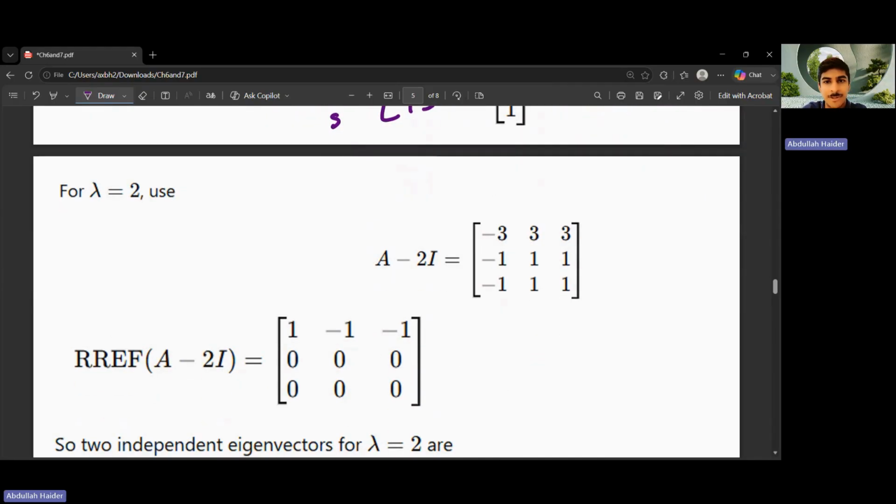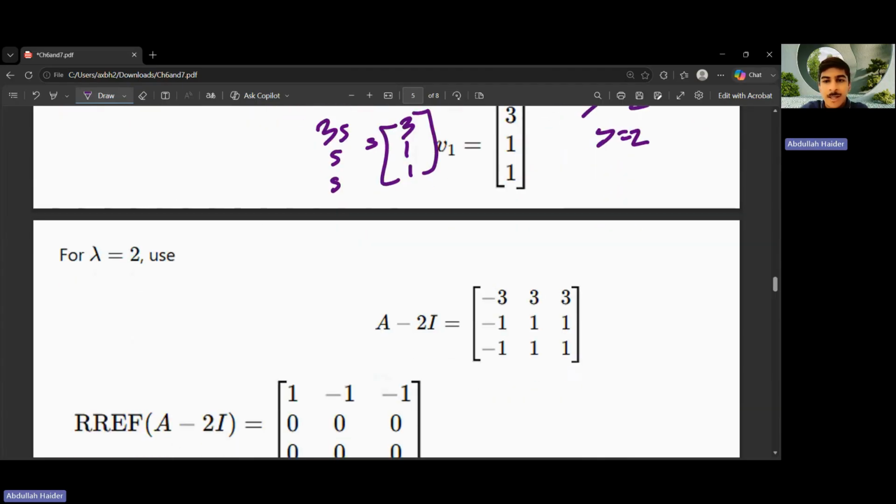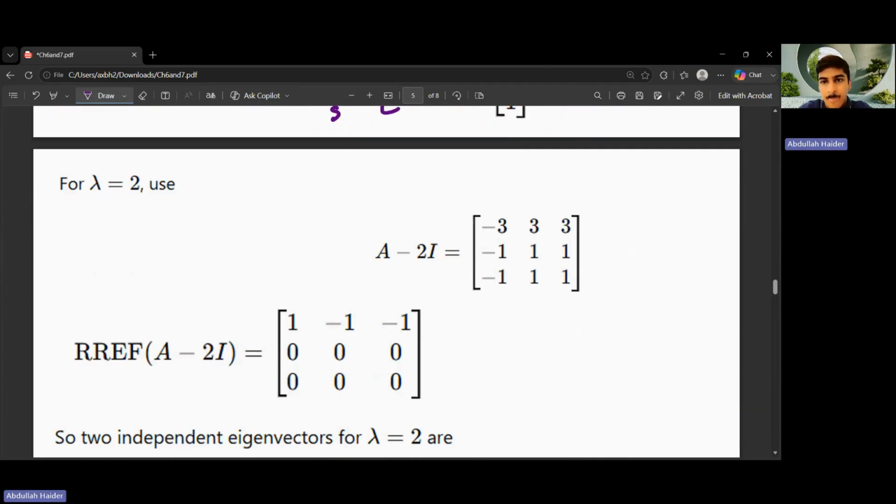A minus 2I means you're substituting 2 in this matrix. And this is where things get different. If you have repeated eigenvalues, and this applies to both chapter 6 and chapter 7.